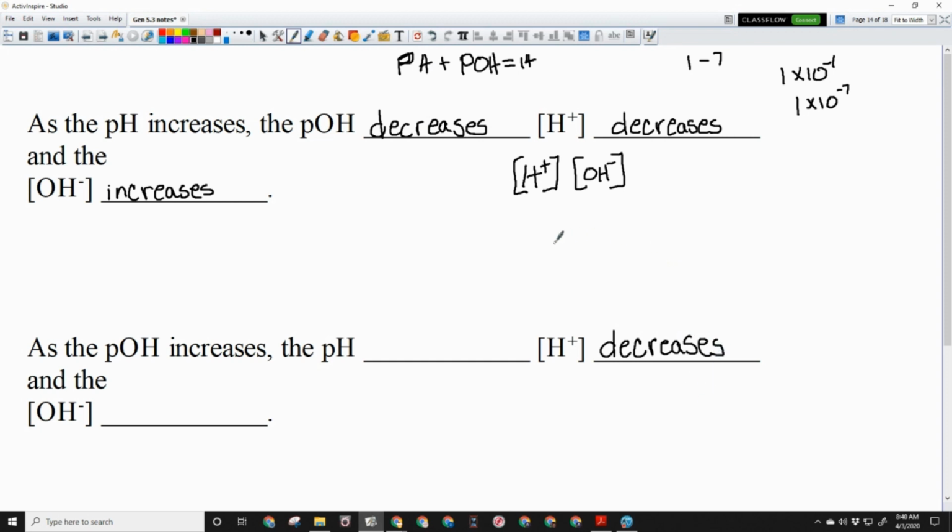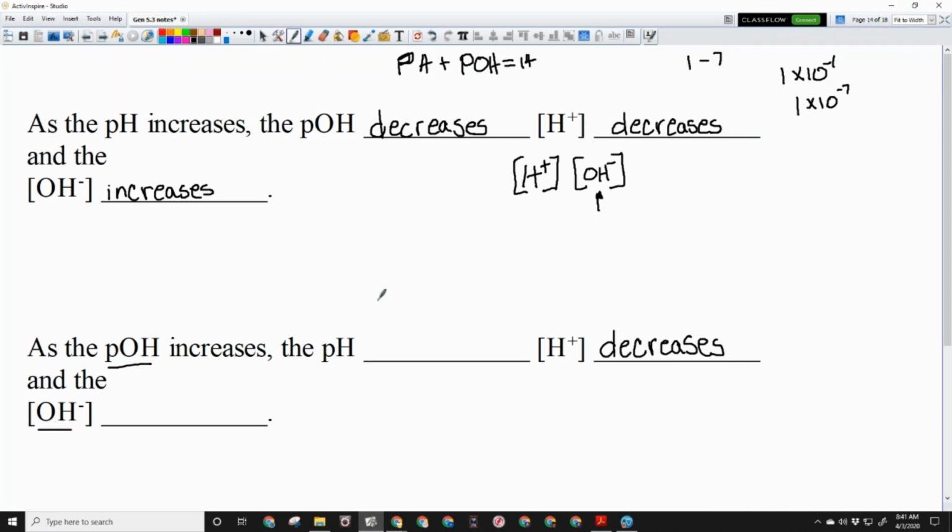And as the pOH increases, the concentration of the hydrogen ion, it's talking about pOH and the concentration of hydrogen ion here.